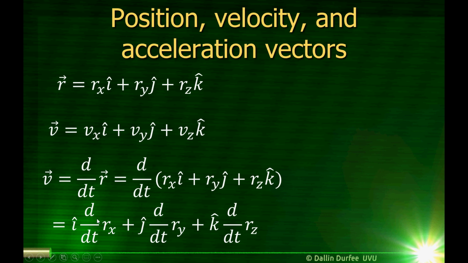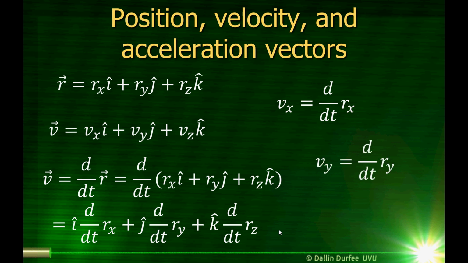The x component of velocity is just the derivative of the x component of position. The y component of velocity is just the derivative of the y component of position, and the z component of velocity is just the derivative of the z component of position. So, in other words, Vx is the derivative of Rx, Vy is the derivative of Ry, and Vz is just the derivative of Rz.